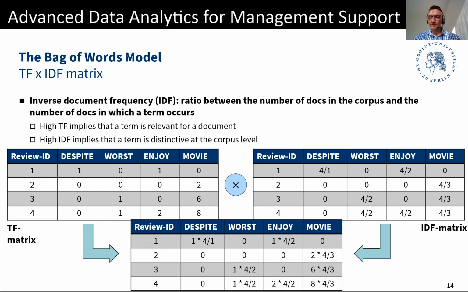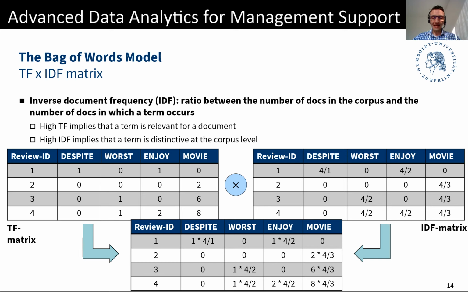And this is why the most popular weighting or scoring scheme in the scope of this more traditional document term matrix or bag of words model is the TF-IDF score, where we essentially take our term frequency, our TF matrix, which per document just counts how often a word occurs, but we multiply the TF scores and the TF matrix with the so-called IDF scores, the inverse document frequency, to then obtain a TF-IDF matrix.